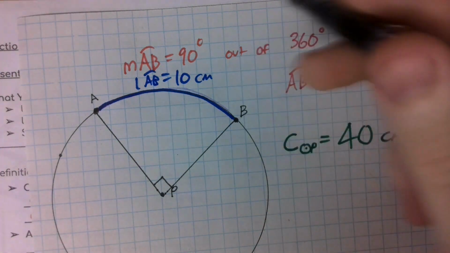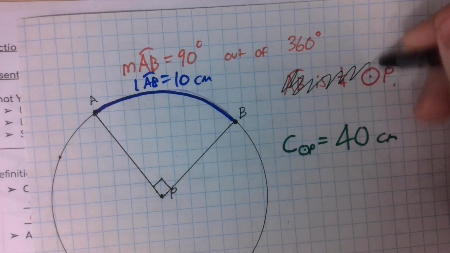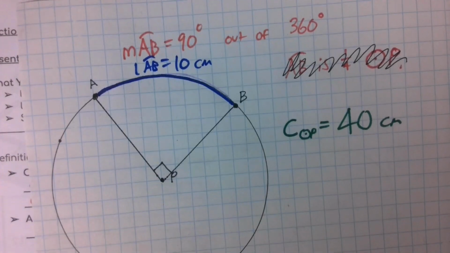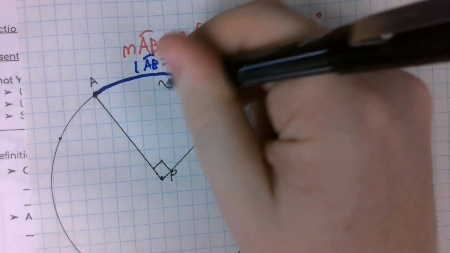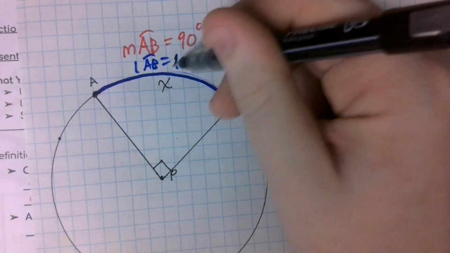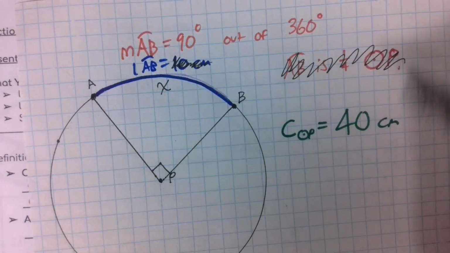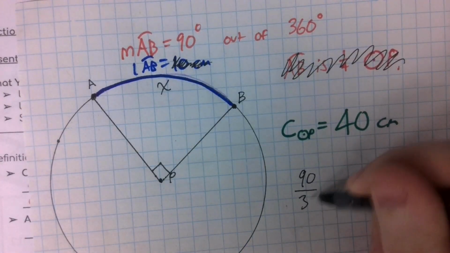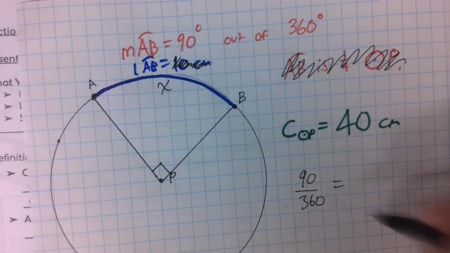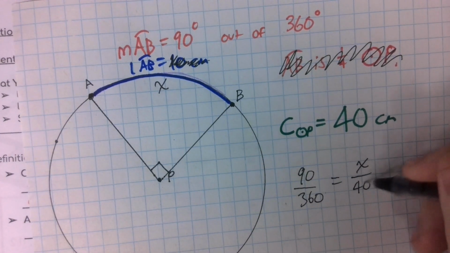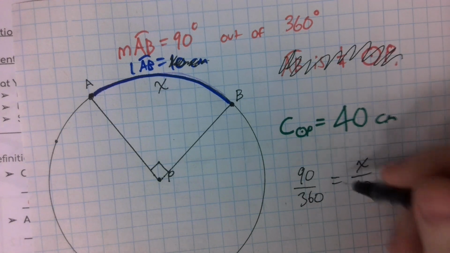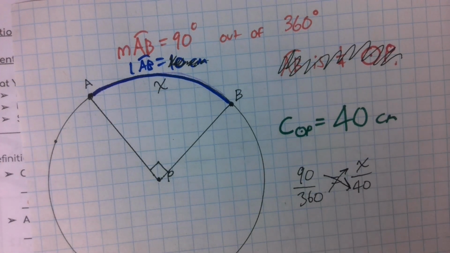Let's say, for instance, that we didn't know that AB was a quarter of P. Let's say we called this length x instead of 10 centimeters. We could say that just like how 90 divided by 360 is 1/4, so should x divided by 40. And we could cross multiply to solve.